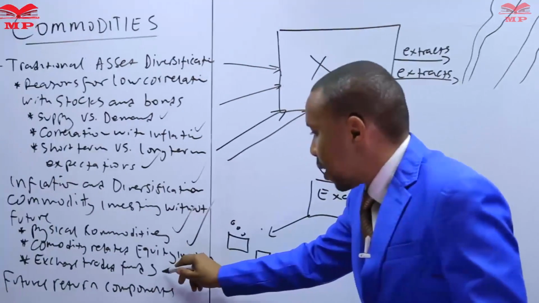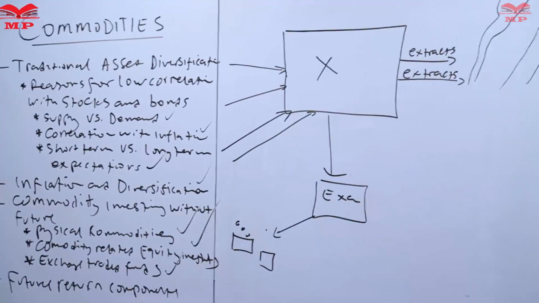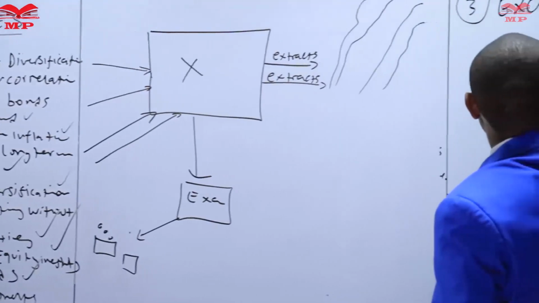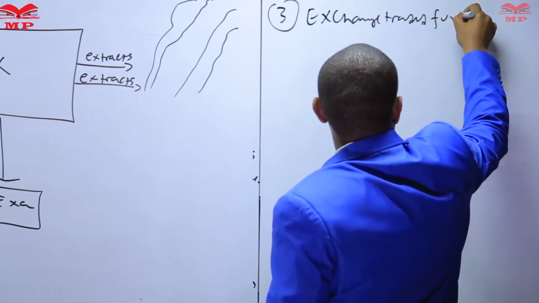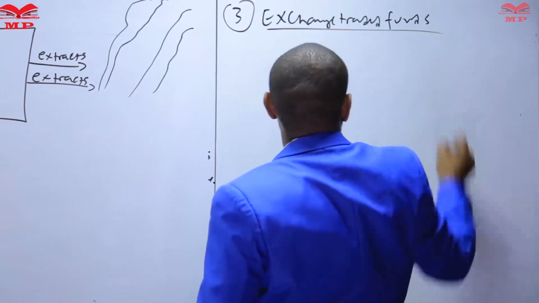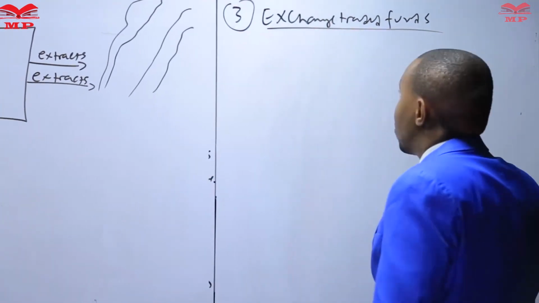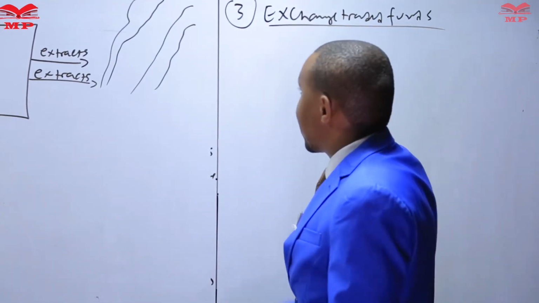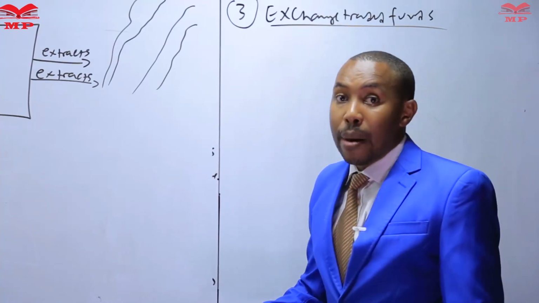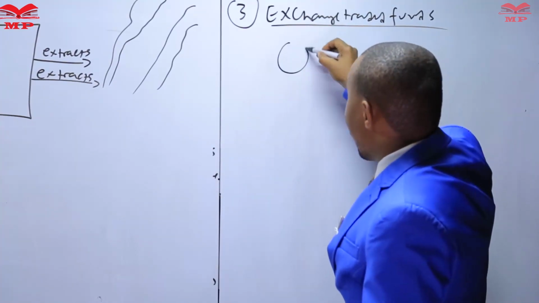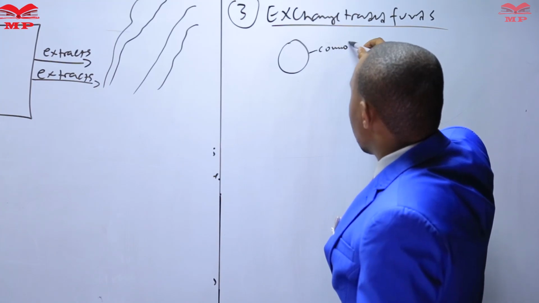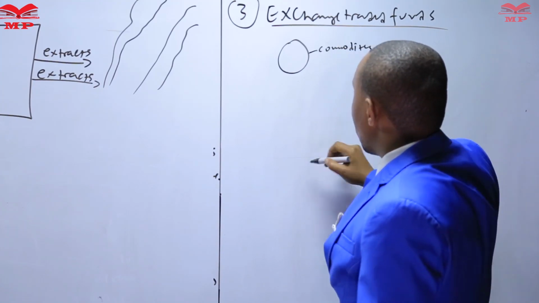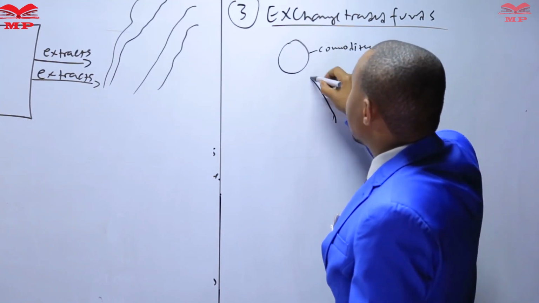This is exchange traded funds, ETFs. Under exchange traded funds, an exchange can come up with a fund that concentrates on commodities. So investors can decide to invest in that fund.